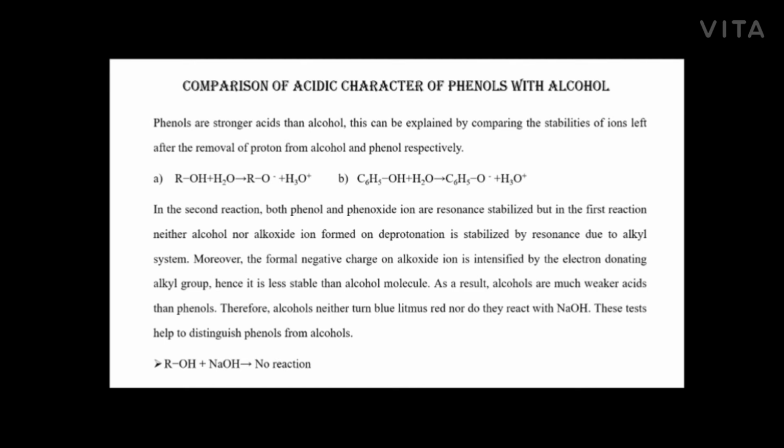The stability of the alkoxide ion is very low as compared to the stability of the phenoxide ion, because in the phenoxide ion there is a benzene ring which is involved in resonance stabilization of the phenoxide ion, but this is absent in the case of the alkoxide ion due to the alkyl group, right? So there is no such stabilization of alkoxide as compared to phenoxide.